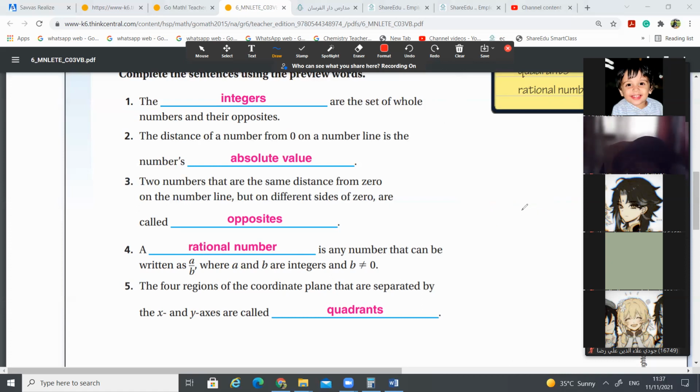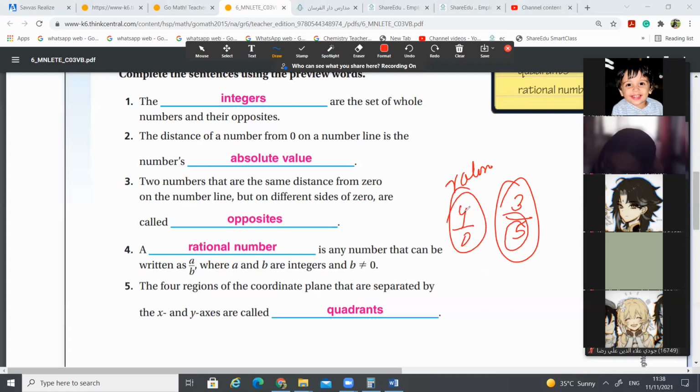Any number, it's like a fraction. They are called rational numbers. But the condition is, for example, if I give you 4/0, is it a rational number? No. Because there is a condition that you must not have 0 in the denominator.